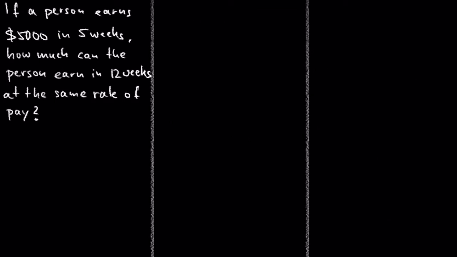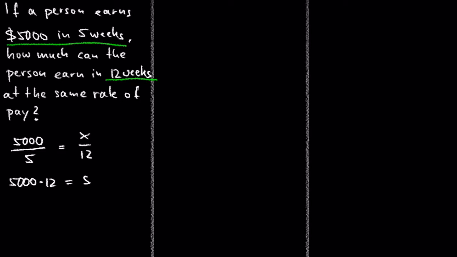If a person earns $5,000 in 5 weeks, how much can the person earn in 12 weeks at the same rate of pay? Again, the first step is to write this as a proportion. 5,000 to 5 equals x to 12. And with cross multiplication, we get 5,000 times 12 equals 5x.